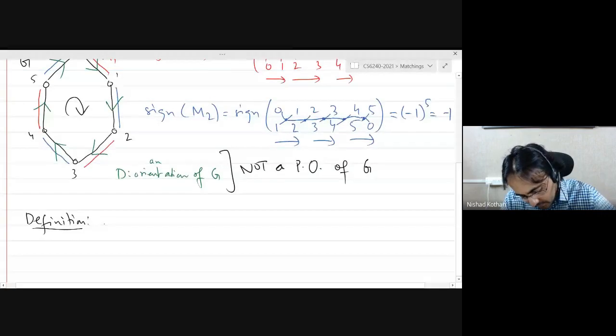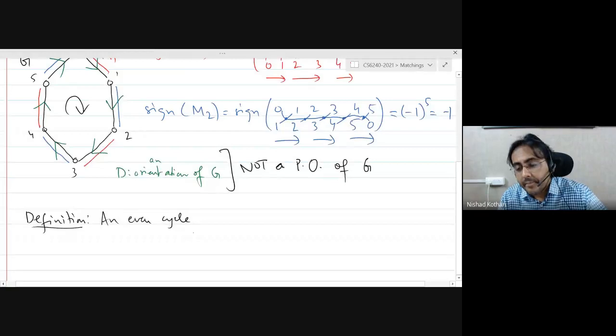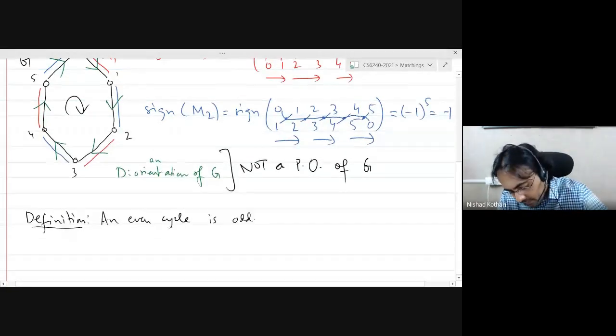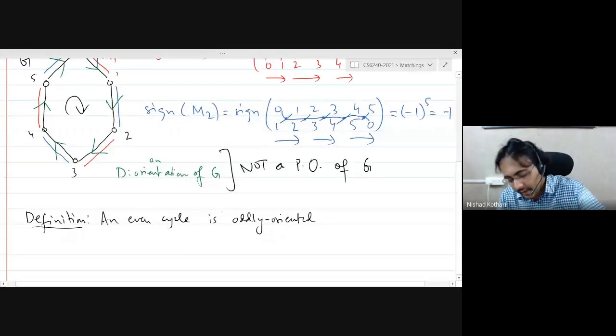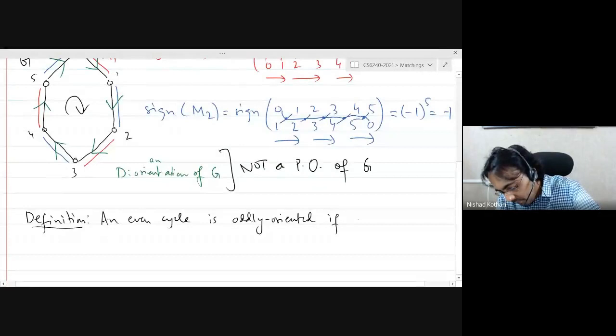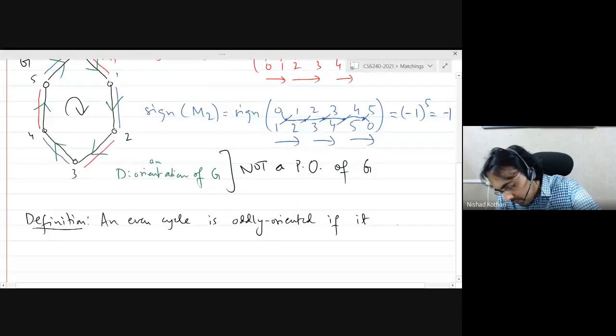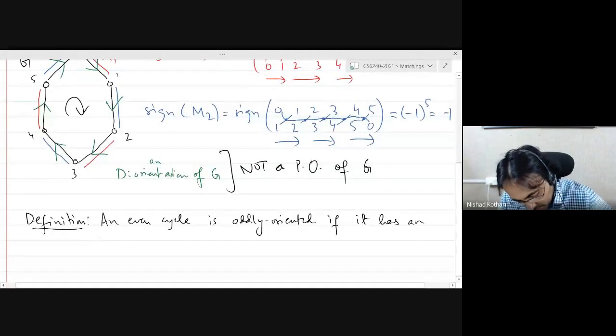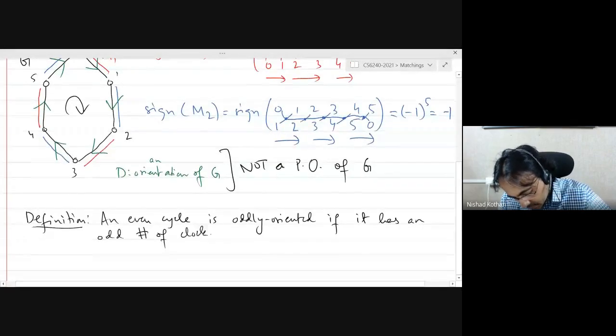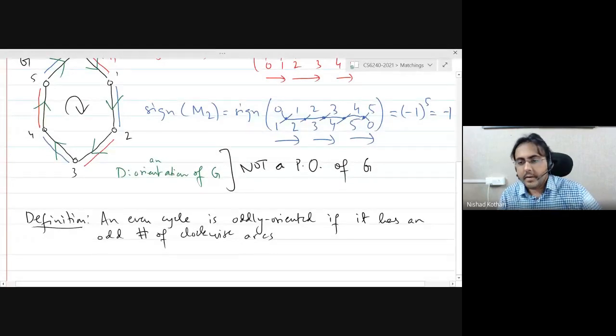An even cycle is oddly oriented if it has an odd number of clockwise arcs, right?